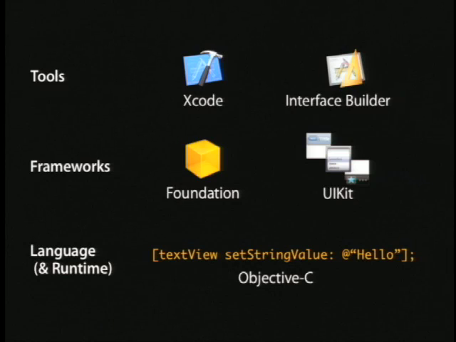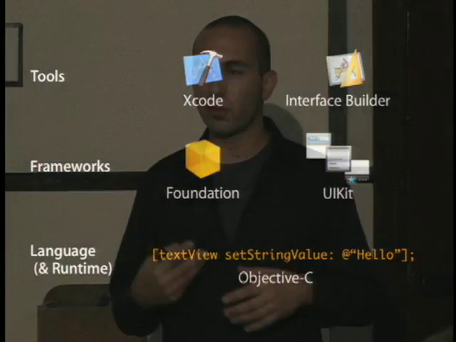Now, Foundation provides all of the data structures and things like arrays and different kinds of object types, strings, stuff like that, that you'll use throughout your application. And again, the UIKit stuff are the pieces like the buttons and the sliders, the controls, views, all the things that you interact with or view on the device. And Objective-C is how it all runs.